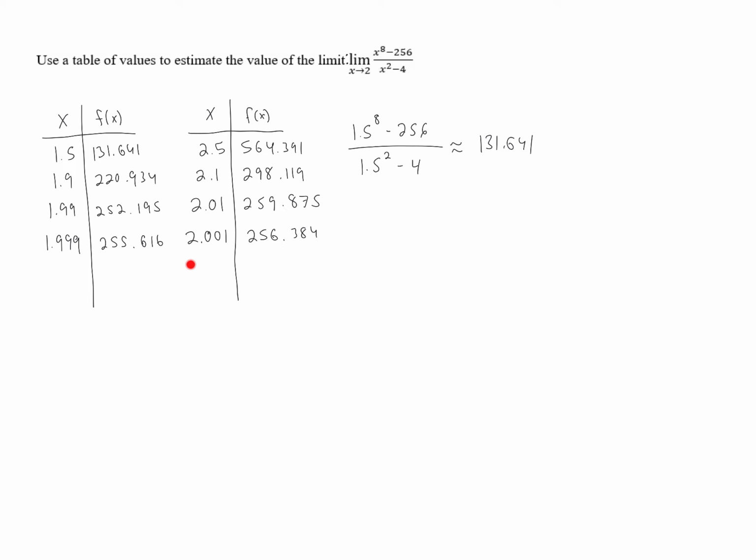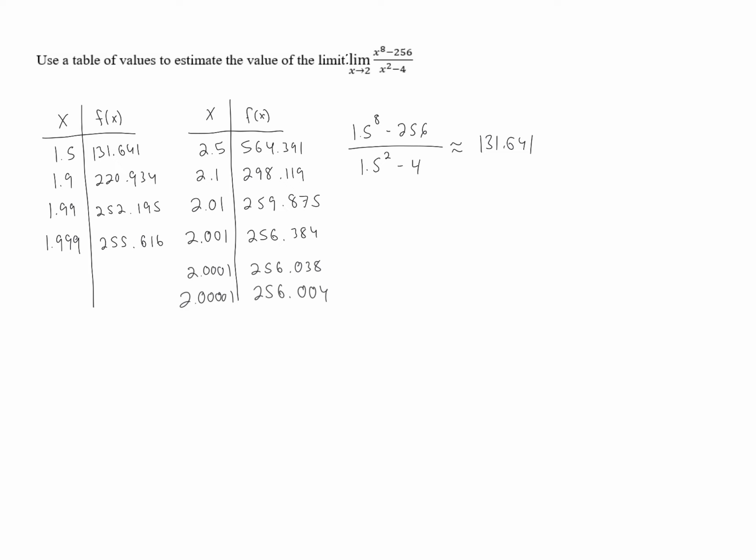I'm going to add in another 0 here just to look a little closer and see what's happening. And I see 256.038. That's looking good. If we add in another 0, that's 4 zeros in there, I get 256.004.